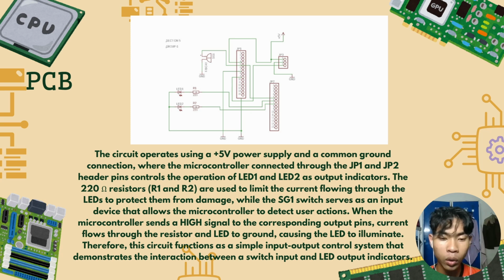So when the microcontroller sends the high signal to the corresponding output pins, current flows through the resistor and LED to the ground, causing the LED to illuminate. Therefore, the circuit functions as a simple input-output system that demonstrates the interaction between a switch input and LED output indicators.